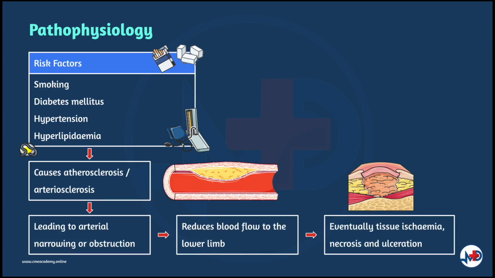The underlying risk factors such as smoking, diabetes mellitus, hypertension, and hyperlipidemia contribute to atherosclerosis or arteriosclerosis. This leads to arterial narrowing or obstruction and reduces the blood flow to the lower limbs. Eventually, tissues at the lower extremities receive not enough nutrients and blood, hence ischemia, necrosis, and ulceration may occur.